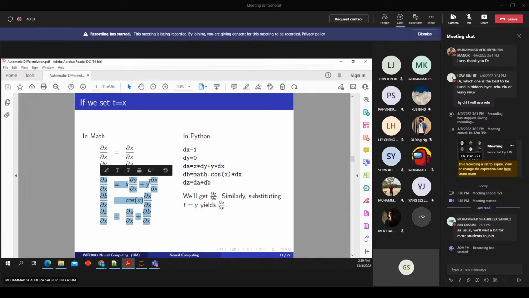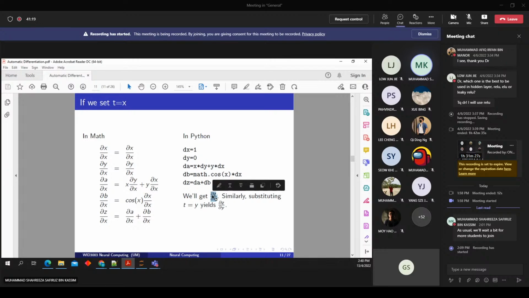If we change dx to 1 and dy to 0, then we'll get the final one, dz of dx. By assigning t equal to x, we get dz of dx. This is somehow our objective here. This is forward computation.